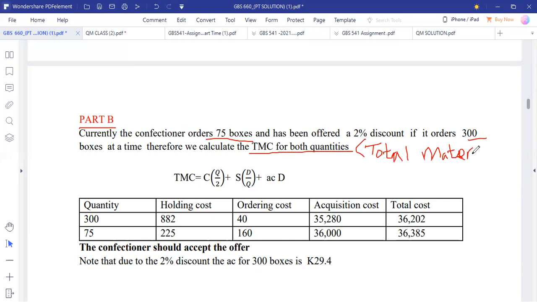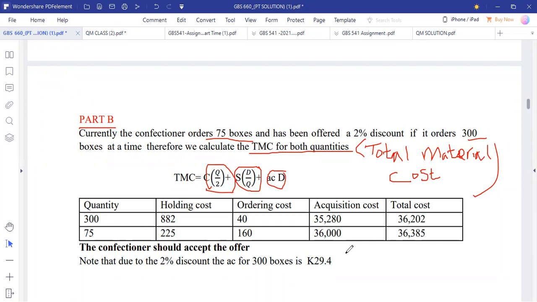So now the formula for the total material cost has been given here, where we need to look at the annual carrying cost, the annual ordering cost, then acquisition.